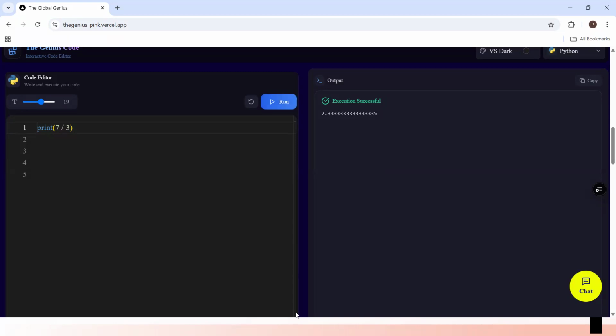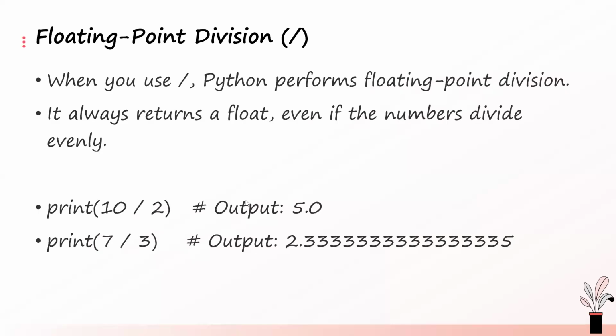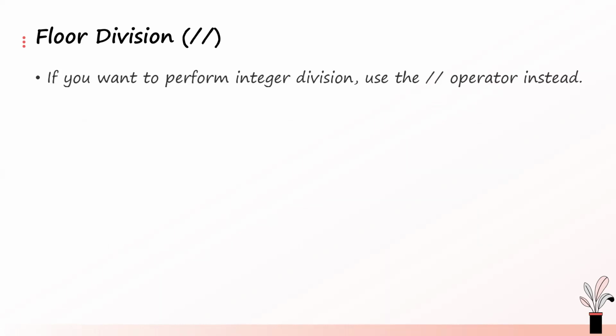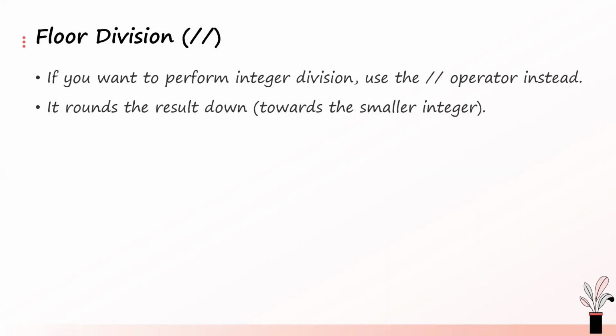There's another one we call integer division. If you want to get an integer, you use the floor division, also called integer division. Just one forward slash is floating point division; double, two of it, is integer division or floor division. It will round the result down towards the smaller integer.